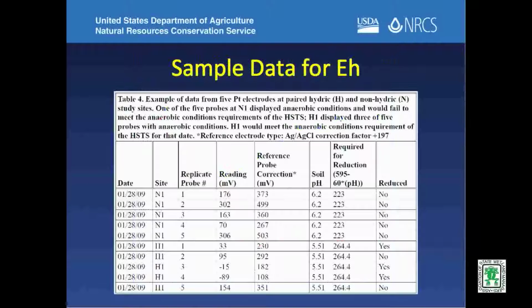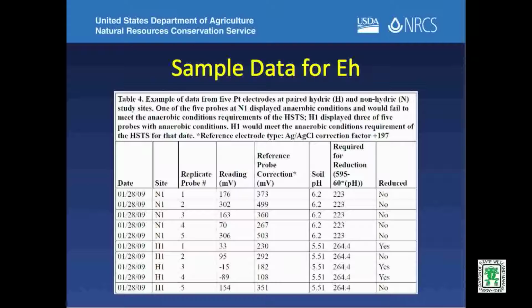Here, once again, we show the data in a table format. In this case, the non-wetland is the first 5 rows, and then the hydric soil is the last 5 rows. You need 5 electrodes, so each row represents a different electrode. The column reading in millivolts shows you what the reading is on the actual voltmeter.